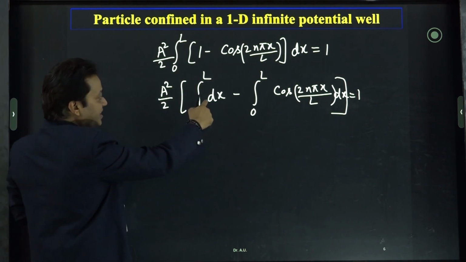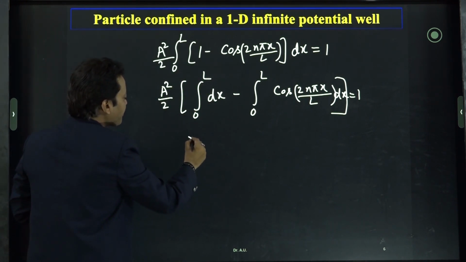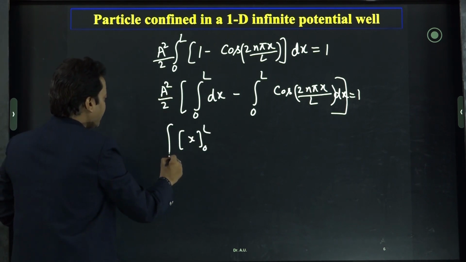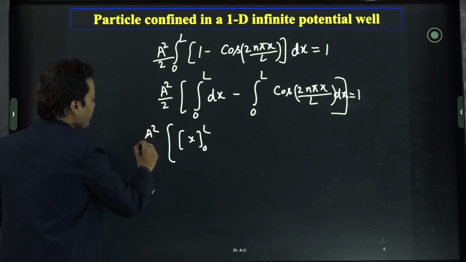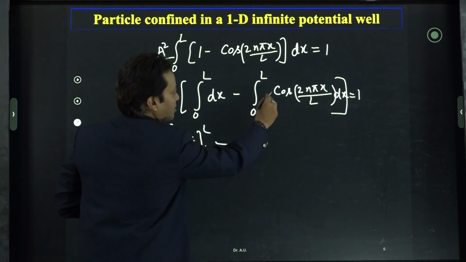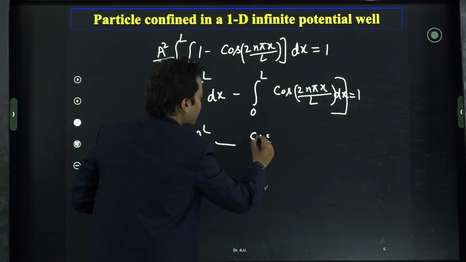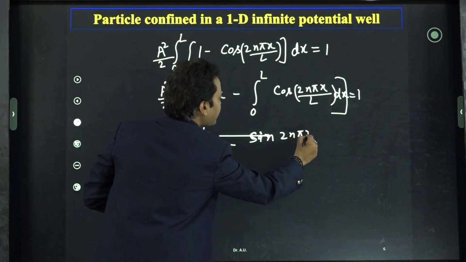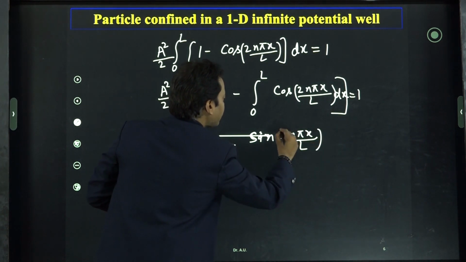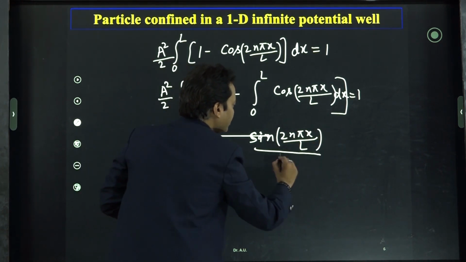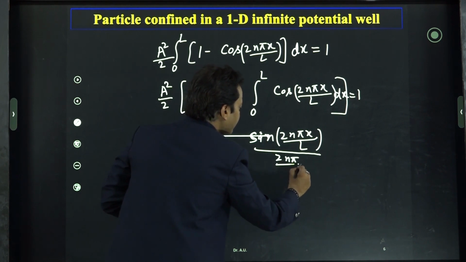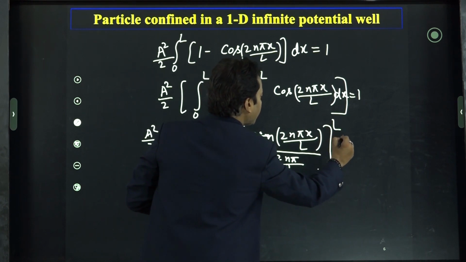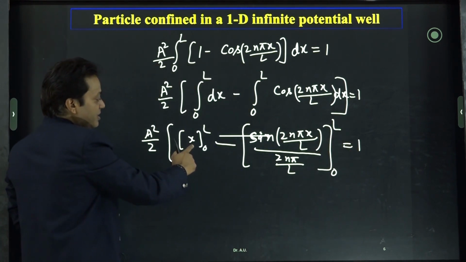So if we integrate dx, it will become x from 0 to L, and the second term, A square by 2 minus, we can write sine of 2n pi x over L divided by 2n pi by L, and the limit is again 0 to L, is equal to 1.